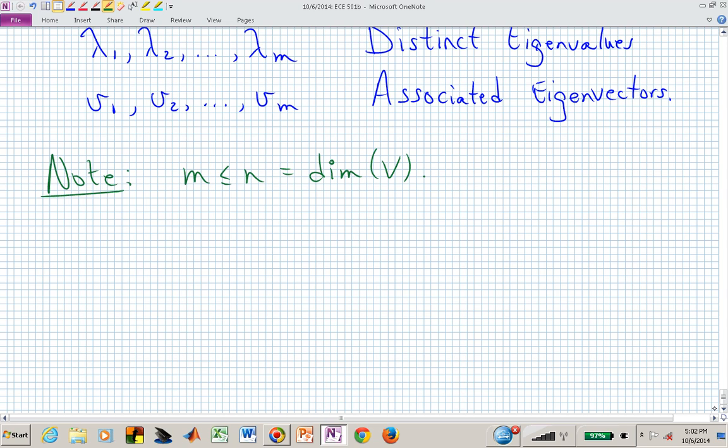And in fact, we're going to prove this by contradiction, which, how do we do that?